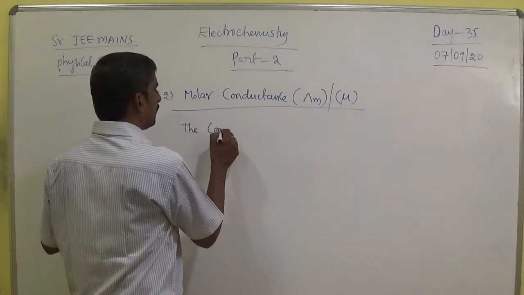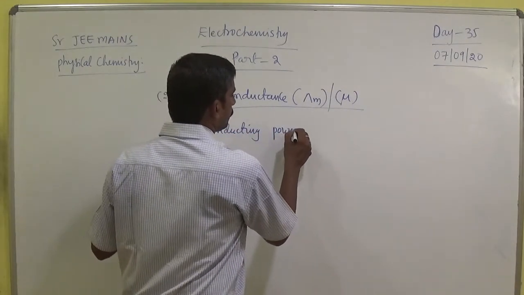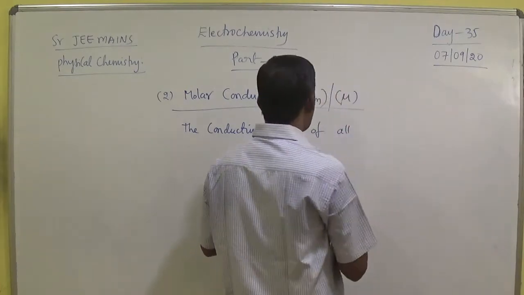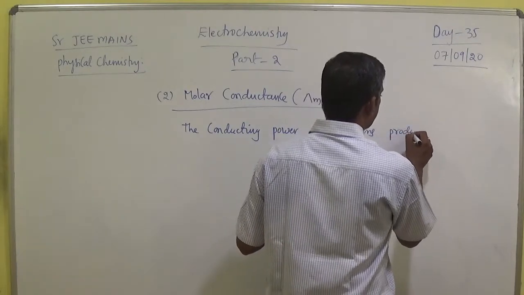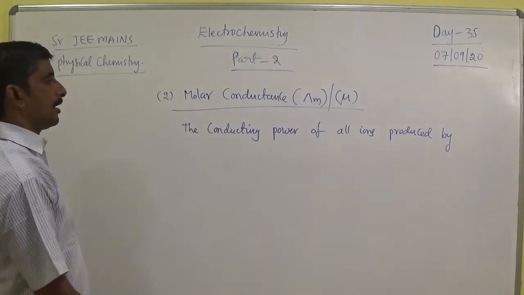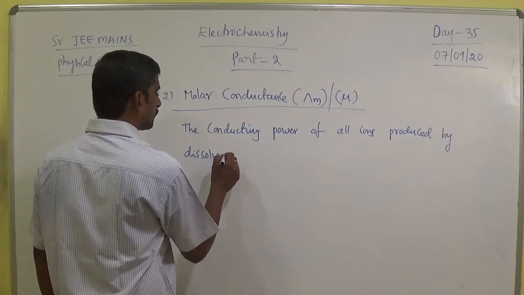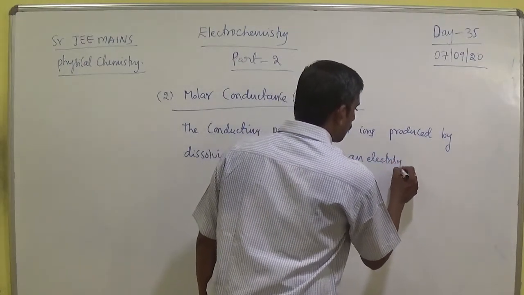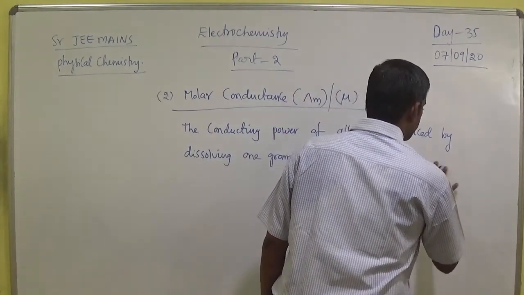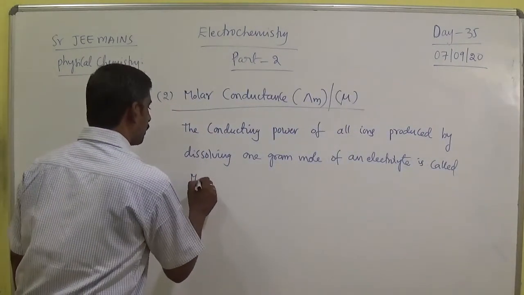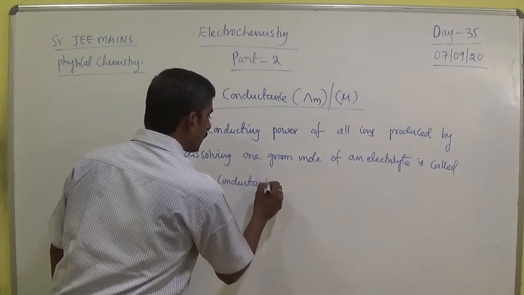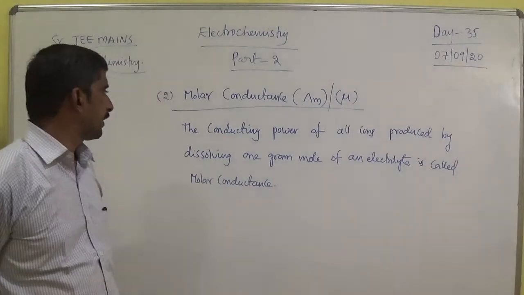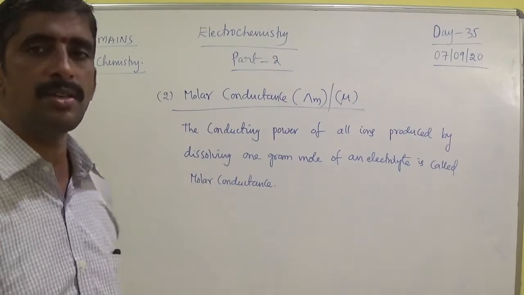Definition: the conducting power of all ions produced by dissolving 1 gram mole of an electrolyte is known as molar conductance.